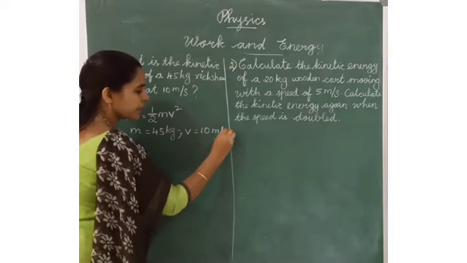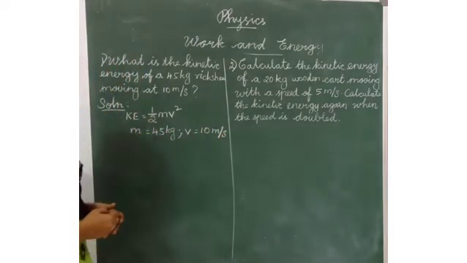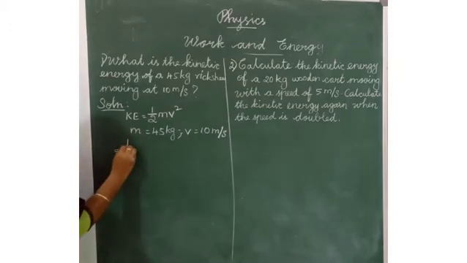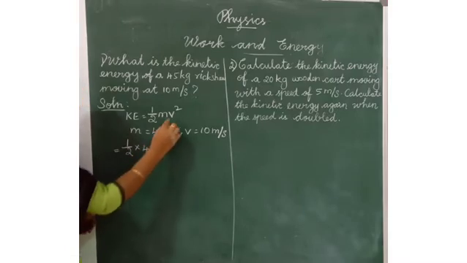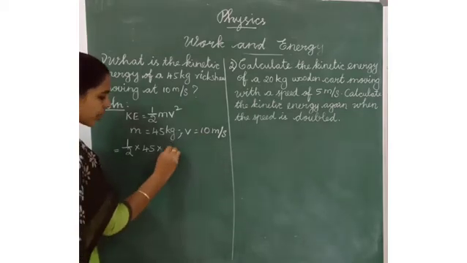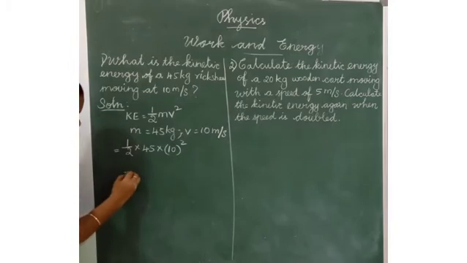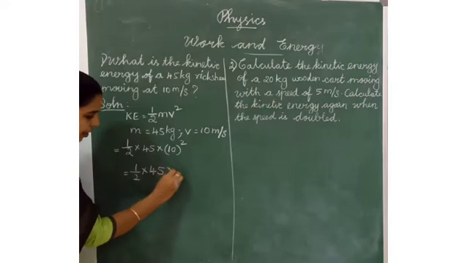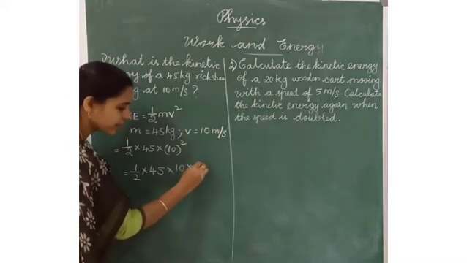Now we substitute these values in the formula: 1 by 2 into 45 into v square, and v square means 10 square. Next step: 1 by 2 into 45 into 10 into 10.